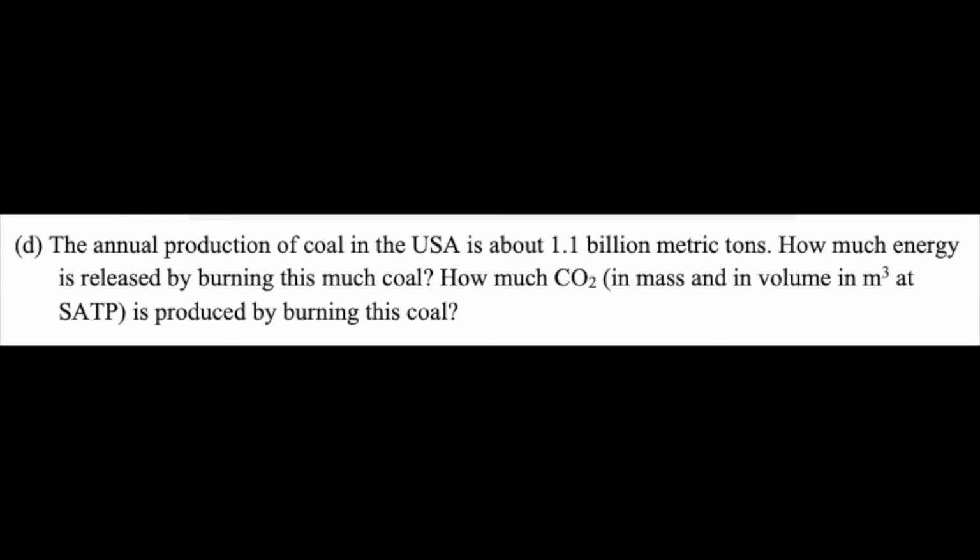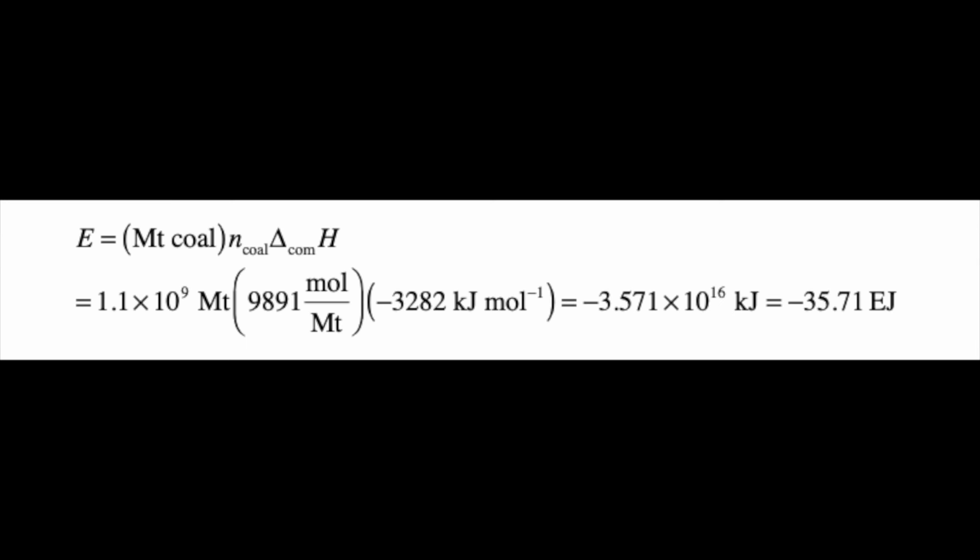Next, let's look at the annual production of coal in the US. It's about 1.1 billion metric tons. How much energy and how much CO2 is produced when this much coal is burned? To calculate that, we first calculate the energy released in the form of heat on burning the coal.